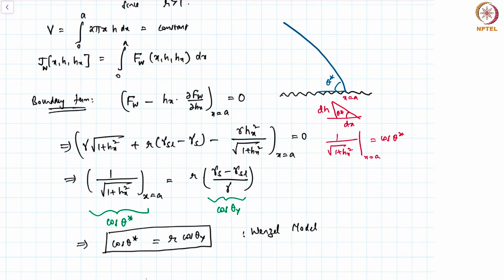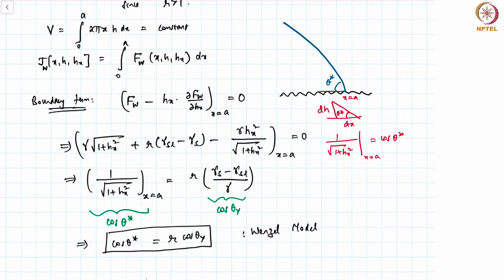The Wenzel model simply says, give me a rough surface of a roughness parameter r, and if the droplet is fully penetrating into the surface, if the liquid is penetrating into the surface and completely wetting the surface, then the cosine of the angle is simply r times cosine of the Young's angle, the equivalent one for a smooth surface. Okay, so once you know the angle for an atomically smooth surface, then if the Wenzel model is valid, you can straight away determine the angle for a rough surface.